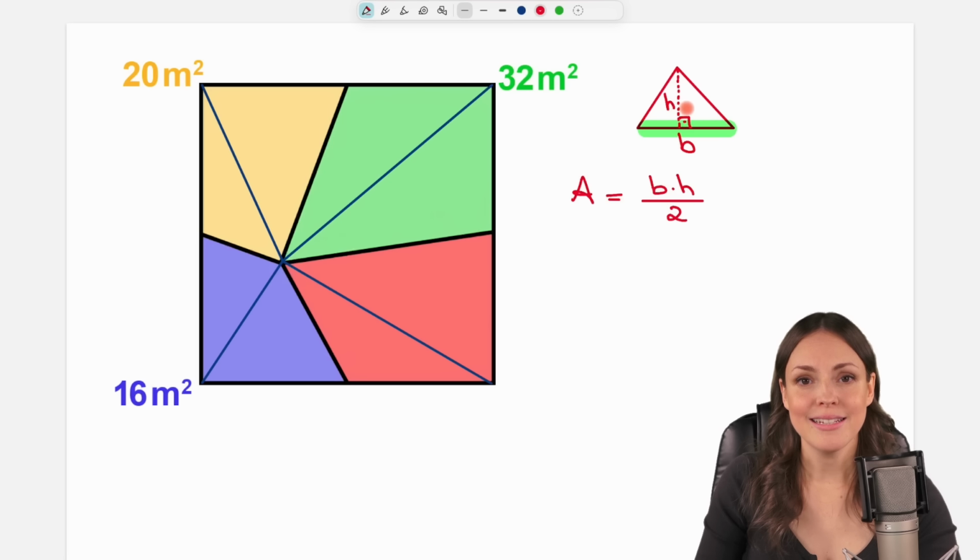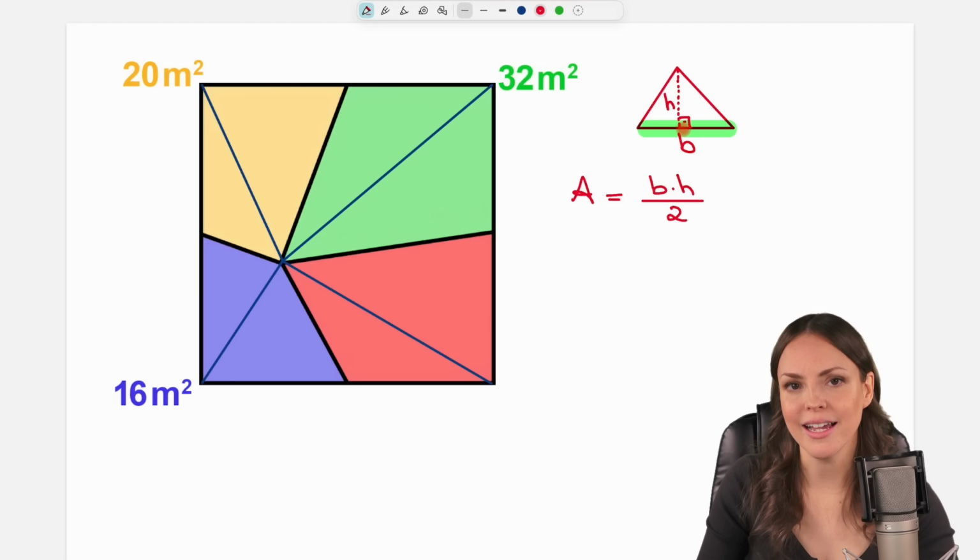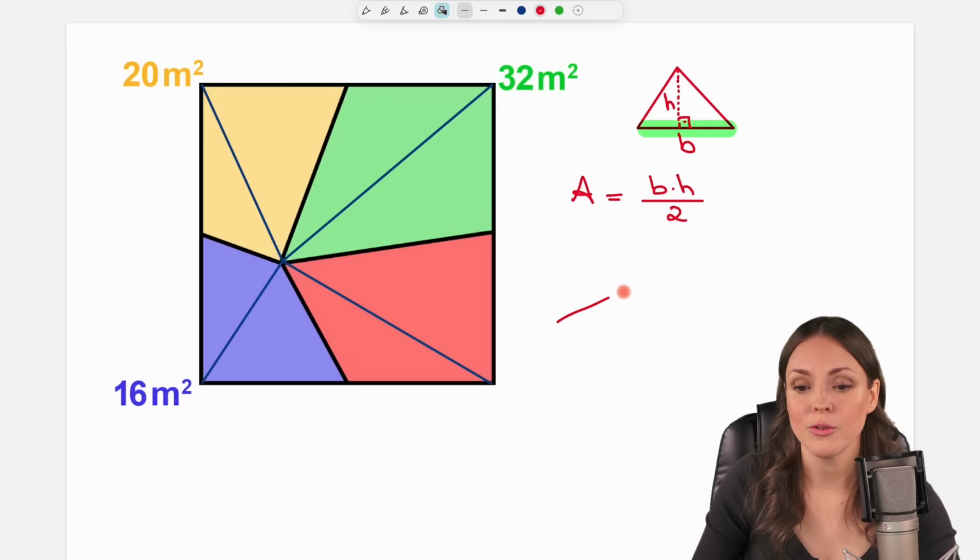Now, the thing is that the height can be inside of a triangle, or if your triangle looks like this, for example, and you take this as your base, where is my height here? I have to be perpendicular to my base, but I have to pass through this opposite point.